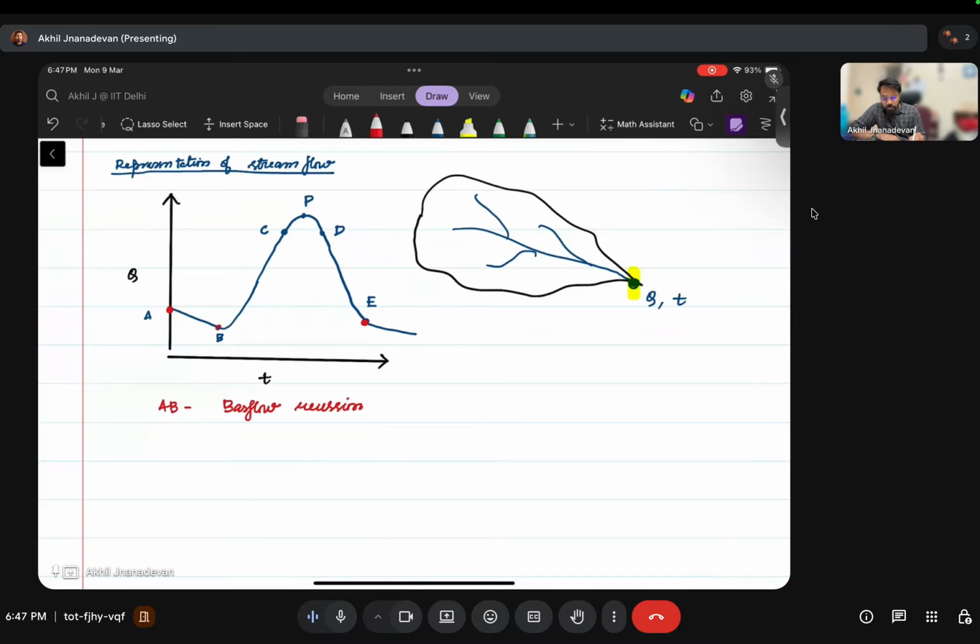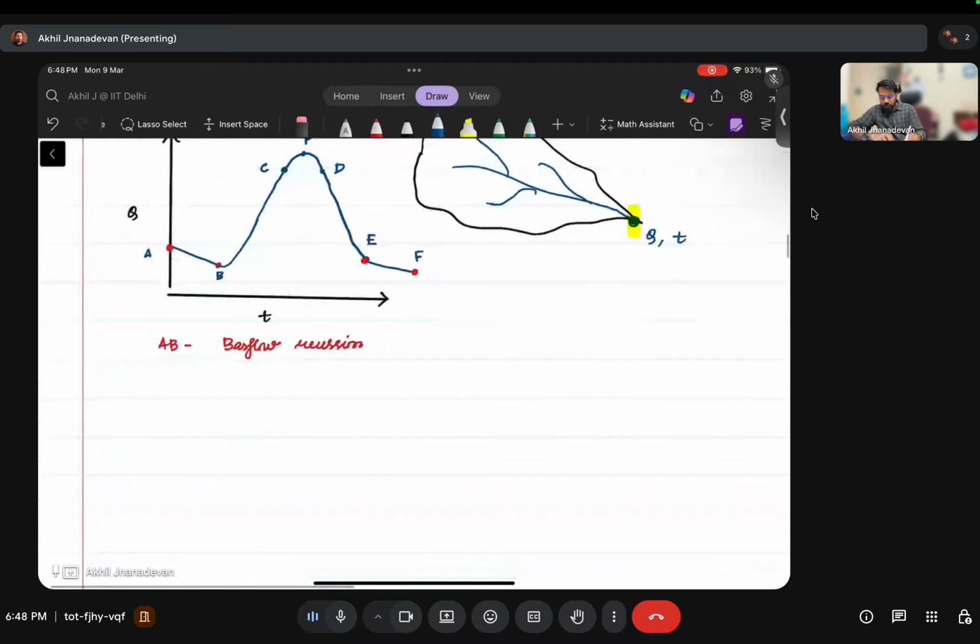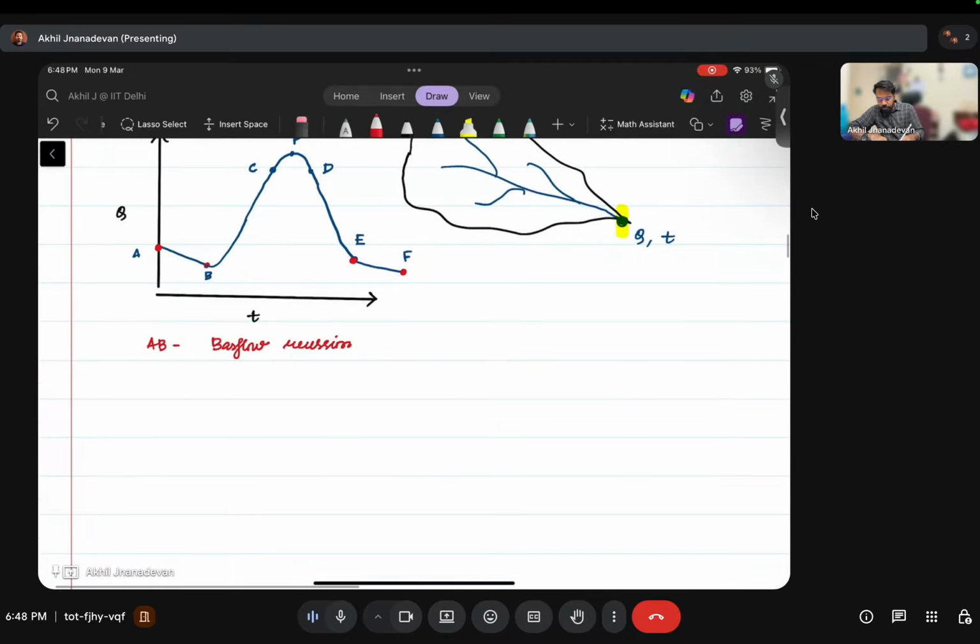Now no more water contribution will be there from the storm, and whatever water is still coming will be due to base flow, similar to the initial case, before the storm, right? So we can now plot what each of the points are.